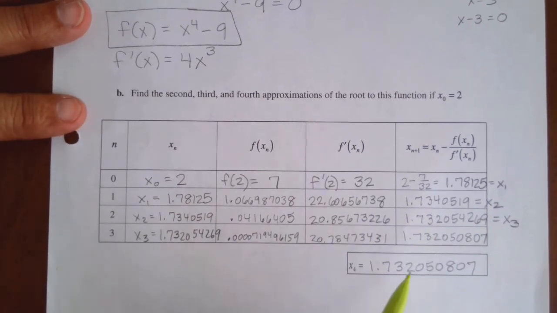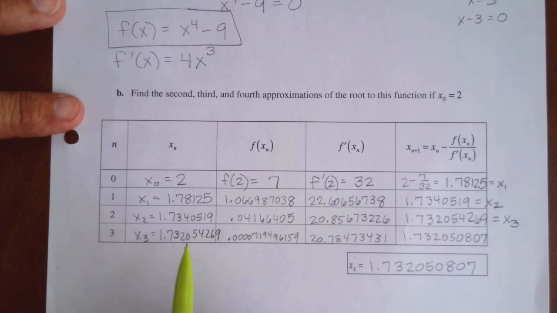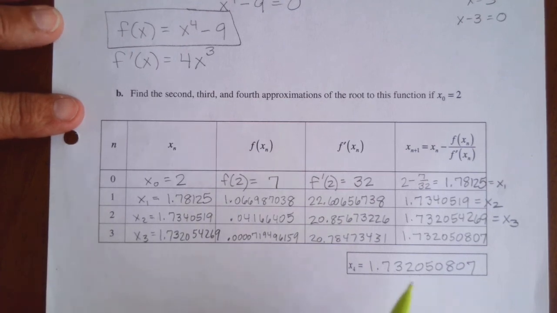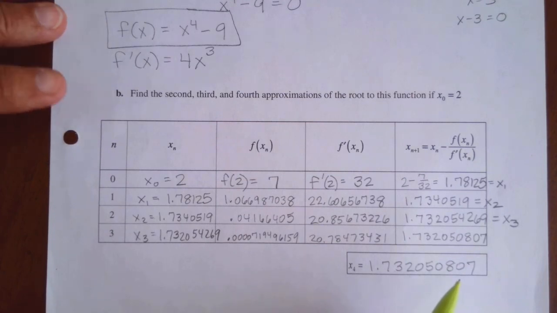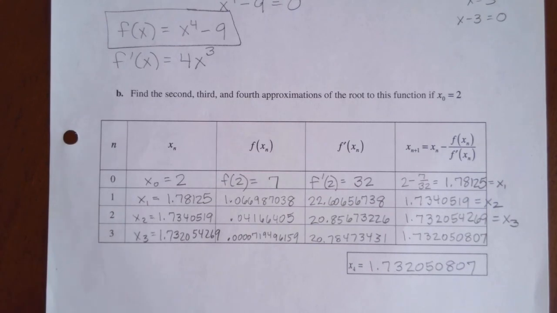So sometimes they'll ask you, find the approximation up to 6 digits. Well, that means the first 6 digits have to be the same, okay? So the more digits you see the same for each of these approximations, that means this is super, super close to the actual value, okay? At least 6 places out it is, okay?